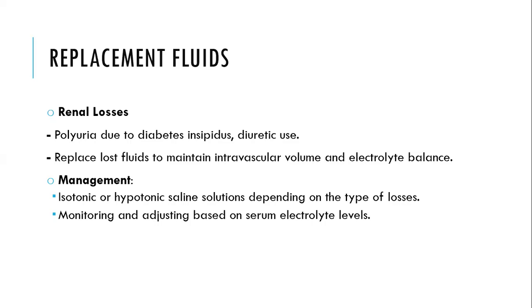And also furosemide has been known as an antioxidant. So for patients that require close monitoring, I usually give them 0.1 to 0.5 milligram per kg per hour of furosemide. But in doing that, your patient becomes polyuric, and you want to replace the lost fluid to maintain intravascular volume and electrolyte balance.